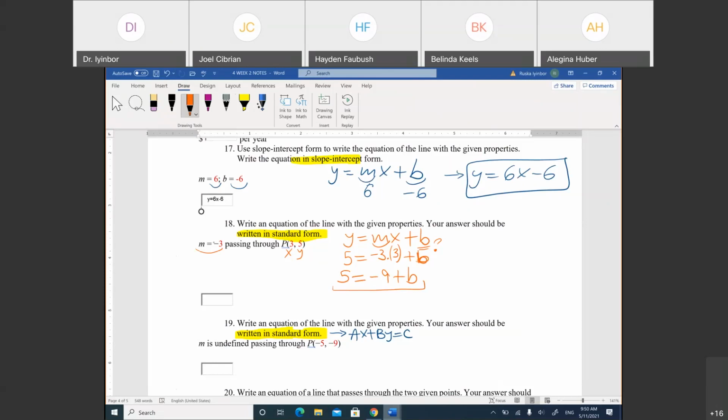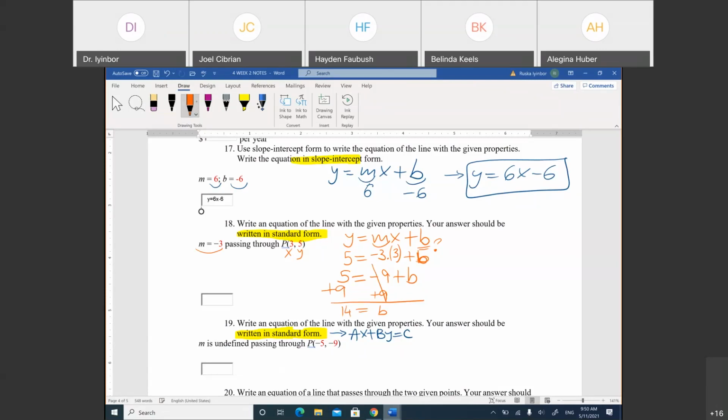Are you adding the 9 to both sides? Yes, you're going to add 9 to both sides to get b by itself. 9 and 9 cancel, so what do you get? b equals 14, right?